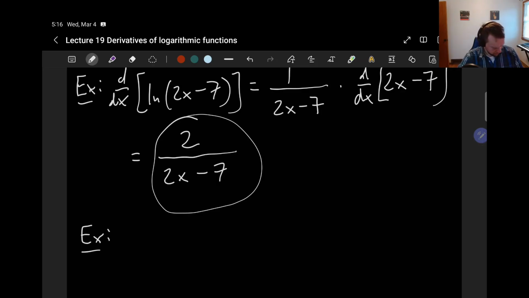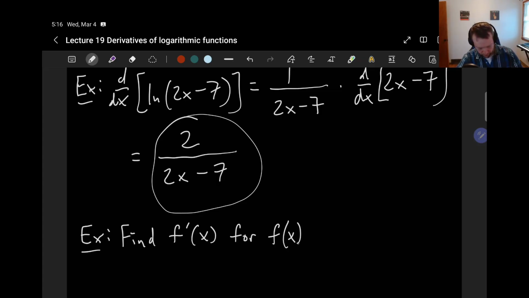Now, let's do natural log of a square root. Find f prime of x for f of x equals the natural log of the square root of x plus 3.